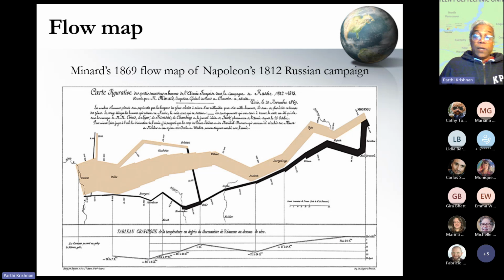This particular map displays 6 types of data in 2 dimensions. It shows the number of Napoleon's troops, the distance they traveled, the temperatures at different stages, the longitudes and latitudes, the direction of travel going forward and coming back, as well as the location relative to specific dates.